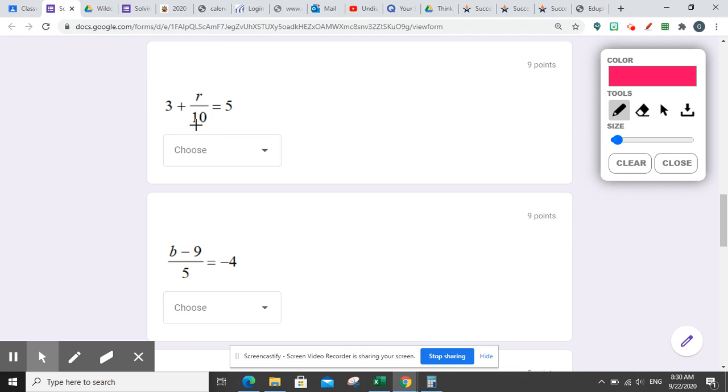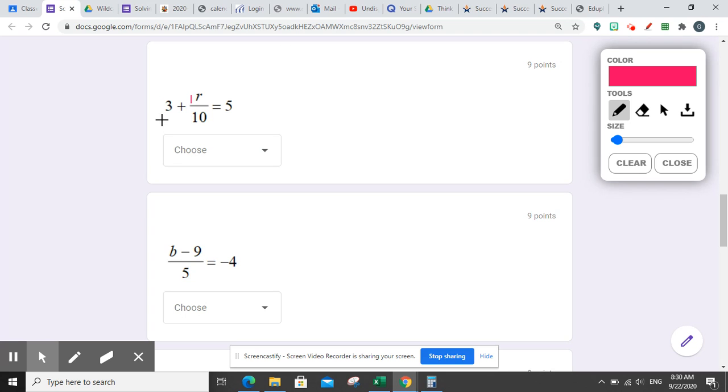What's the furthest away? You might think that it's the 10 because it's on the bottom, but really and truly r and 10 are kind of together, because this is like 1 over 10 r. So they're kind of attached. What's separate or further away would be the positive 3. So this is what I got to do first. I got to get rid of the 3.